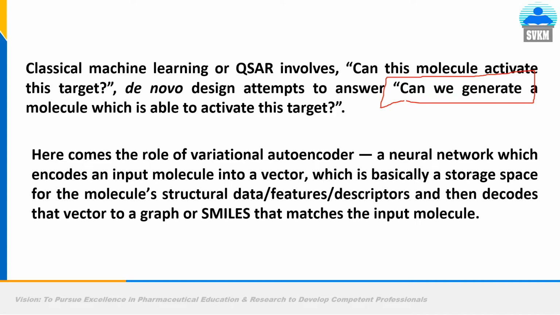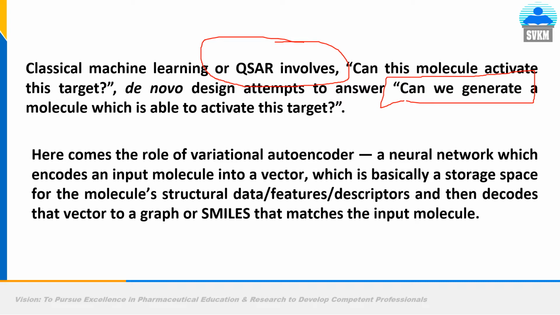So in classical QSAR, the question is, what is the property of those drug like molecules virtually generated on a screen, or can these drug like molecule activate or drug the target protein? On the other hand, de novo design attempts to answer the question, can we generate a molecule which is able to activate this target?